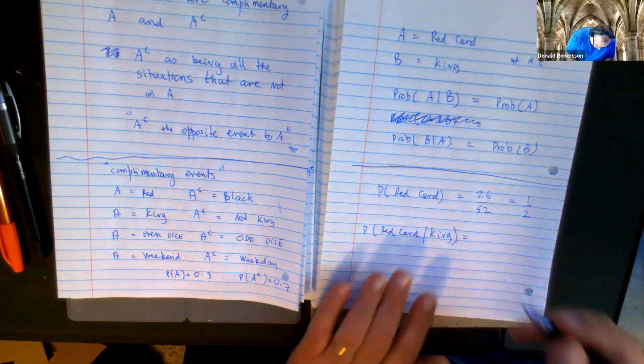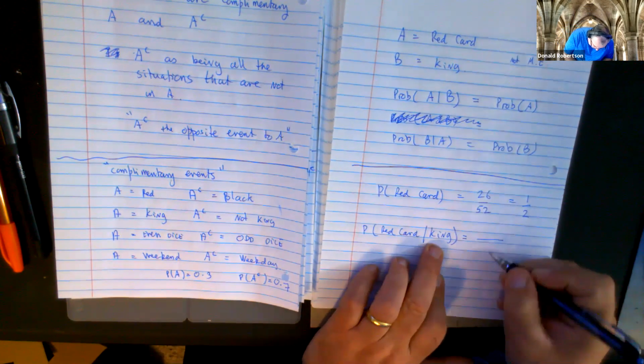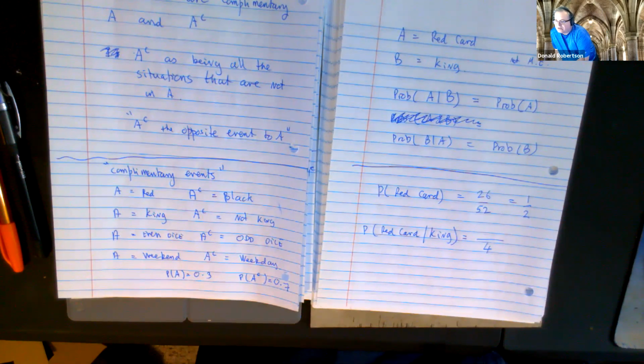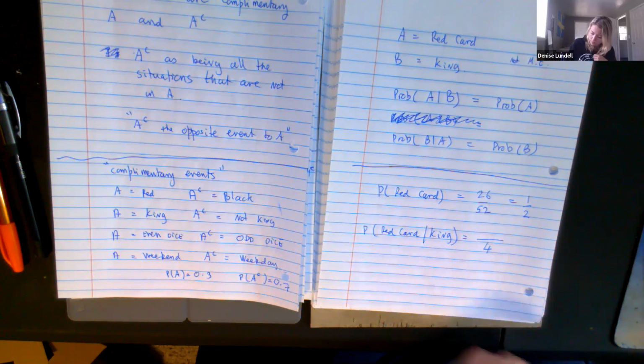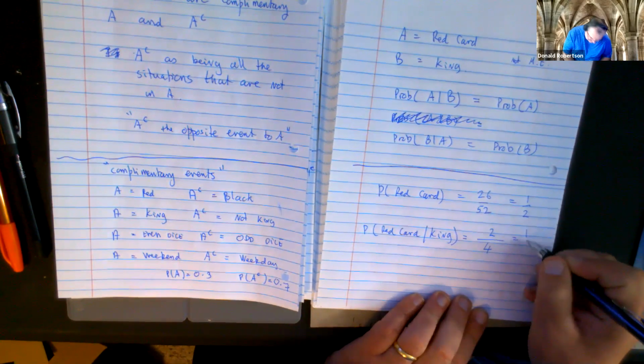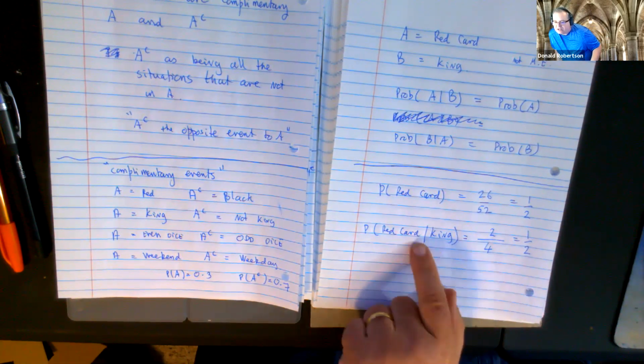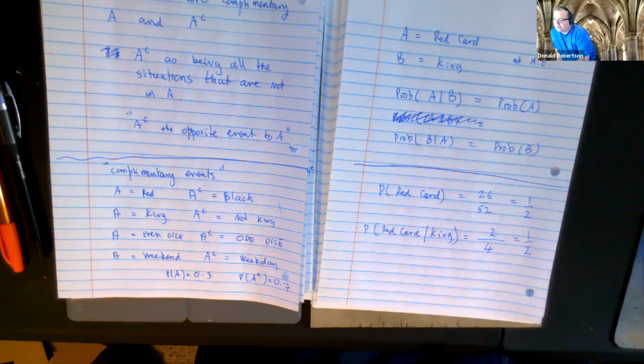So let's see what would happen. If I tell you it's a king, there are only 4 cards in play, right? Of those 4 kings, how many are red? 2. And what does that simplify down to? Yeah. So do you see that red cards and kings are not mutually exclusive? Mm-hmm.